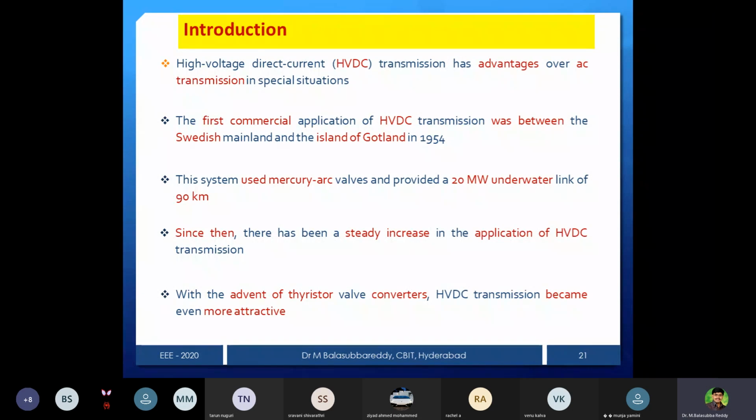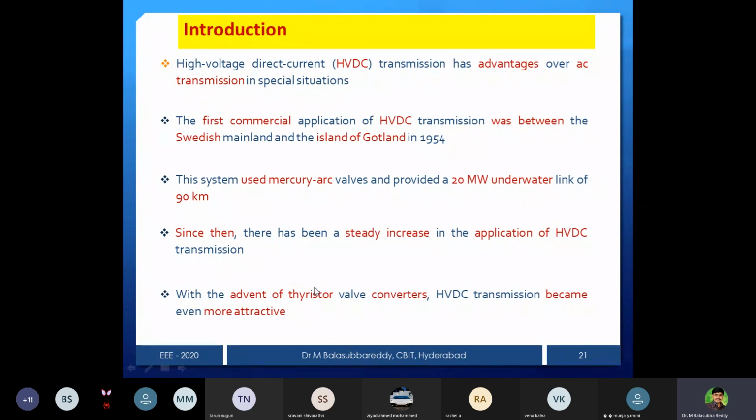Later what they had done is thyristor valves used in converters. In a converter, whether it is a rectifier station or the inverter station, what they used in the olden days was a mercury arc valve, before the development of semiconductor devices. Later on, a lot of research took place and they invented the thyristor valve and used it in the converter. All the converters, whether rectifier station or inverter station, now use thyristor valves, and they became more attractive.